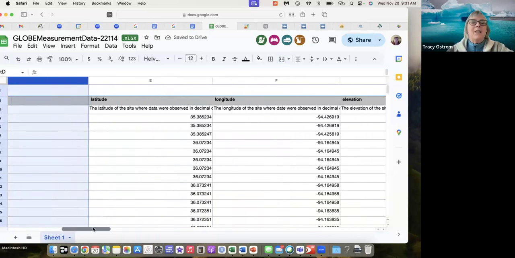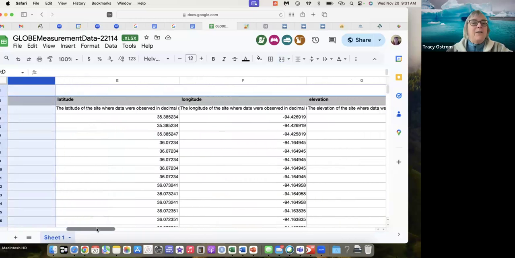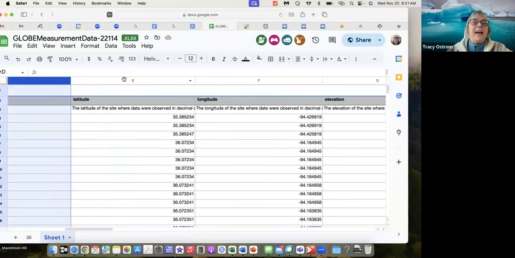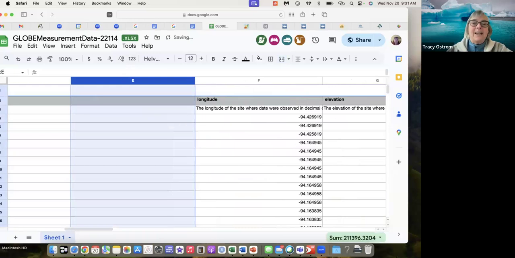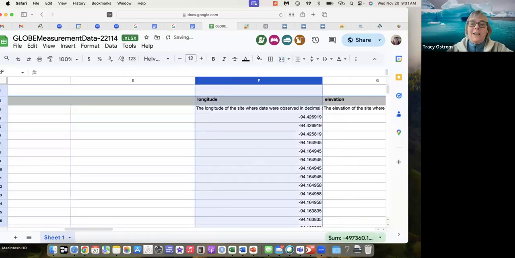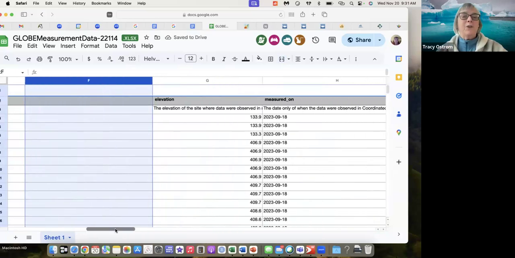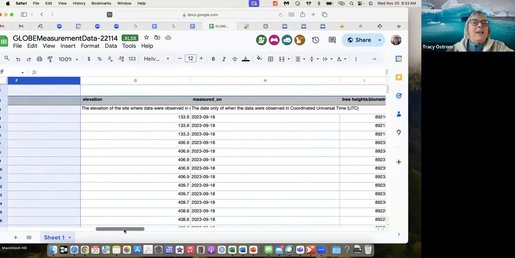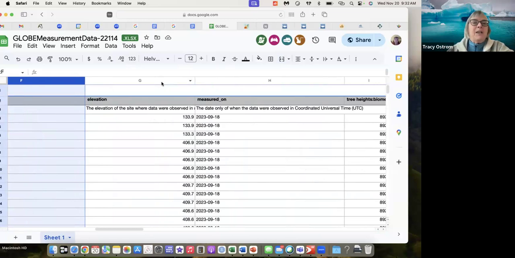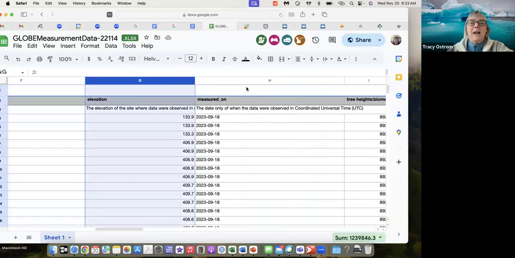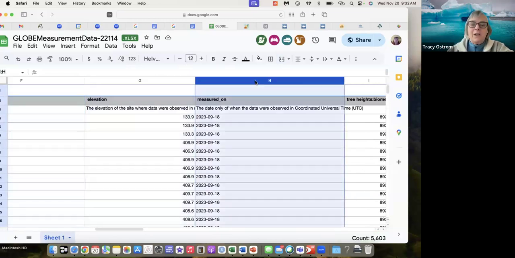I'm really interested in tree height and the latitude and longitude of the tree. So I don't even need to know the latitude and longitude of the site. This is like the school site or the data collection site, and it could have several trees in there. So I could keep the elevation, if that's going to help me answer some questions.